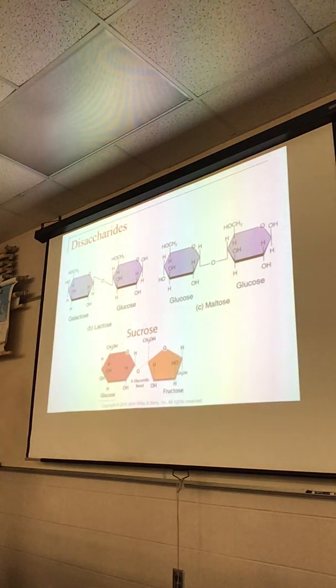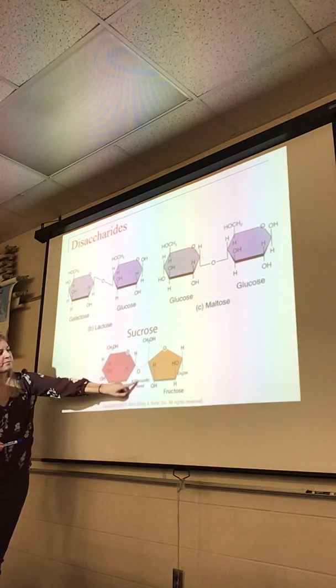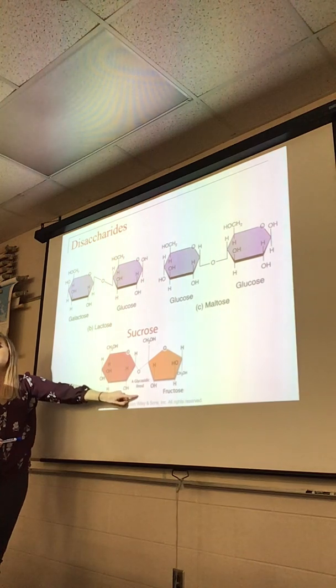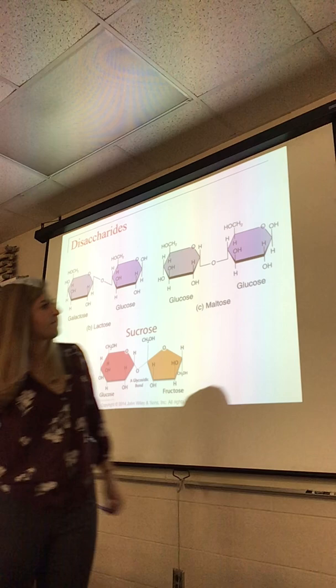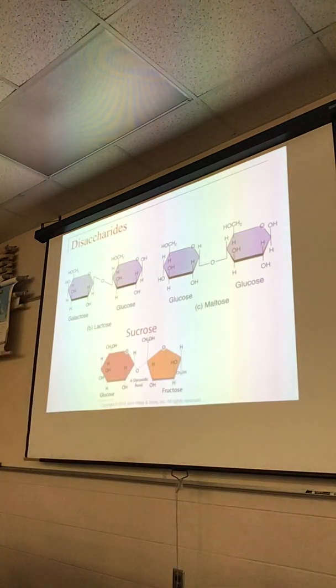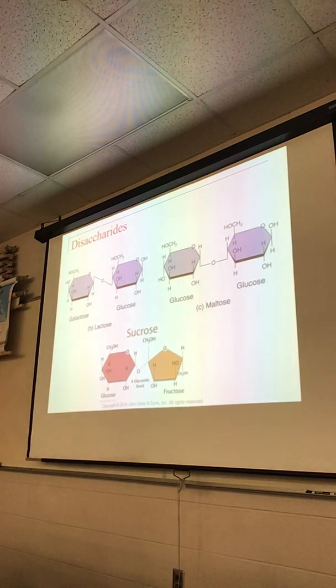But what I do want you to notice about these is the bond that holds them together. The bond that holds two monosaccharides together is called a glycosidic bond, okay? So glycosidic bonds hold two monosaccharides together.